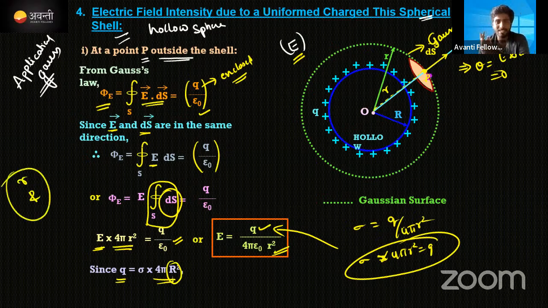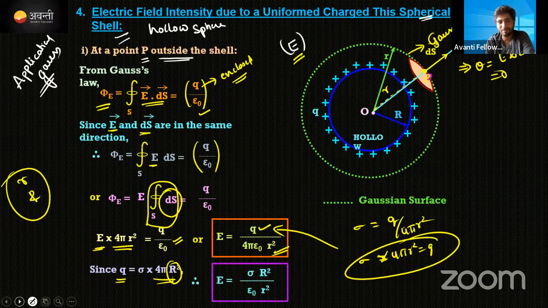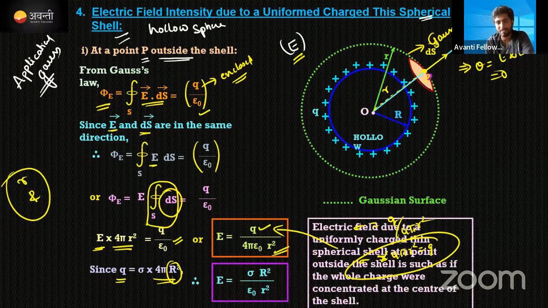Is it understood up to this point? Yes, cool. Done. If I replace this value, then the value will be sigma R square divided by r square. Look, it is very simple.